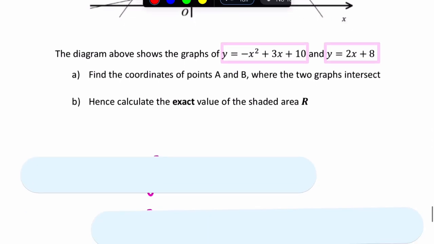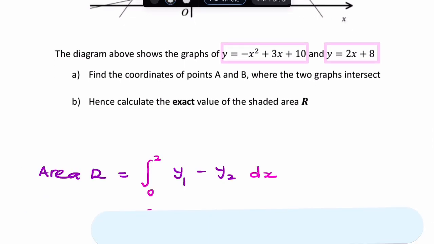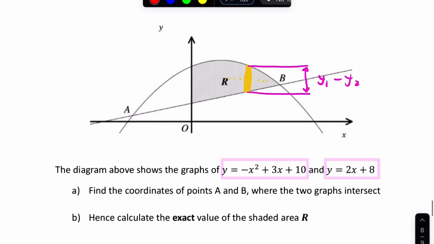So to find the area, you'll want to integrate from 0 to 2. These are the limits on x, because we're integrating from 0 to the point B. And at B, remember, we found in part A, x would be 2.